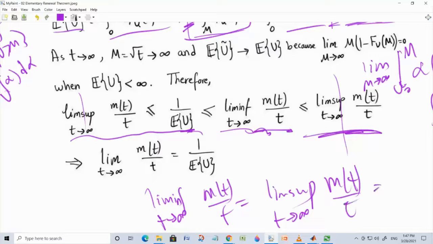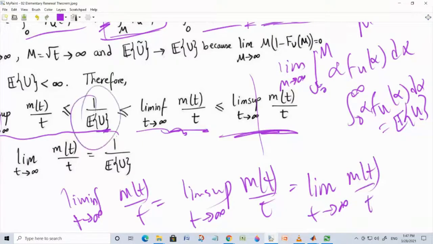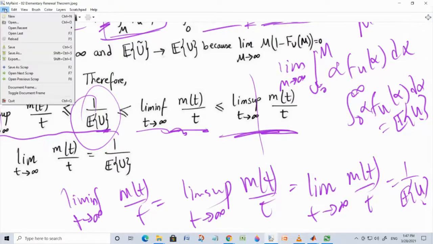Then we have the rule from analysis that if the limit infimum is equal to the limit supremum, then the limit exists. And what is the limit here? It's basically this guy, which is 1 over the expectation of U. Okay, so this is the elementary renewal theorem. Any questions?